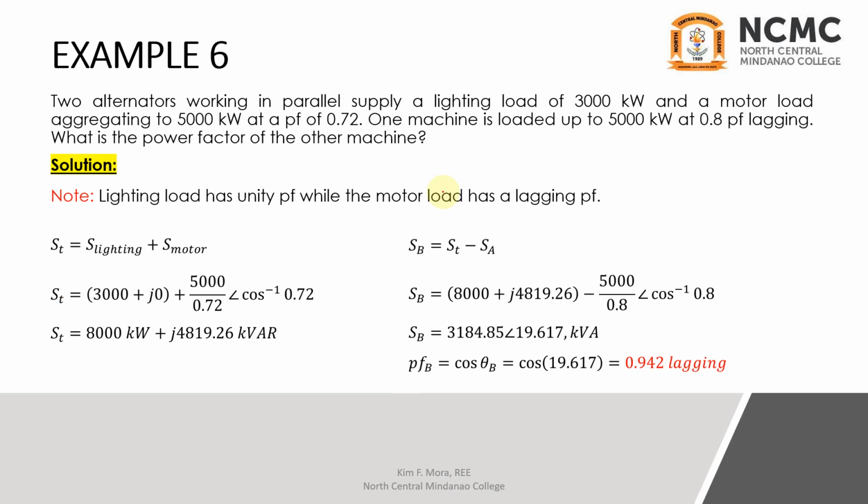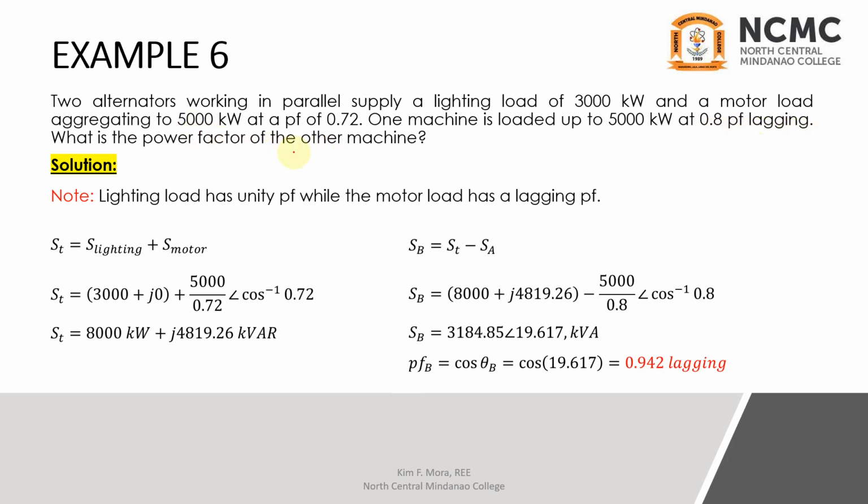For example, there are two alternators working in parallel. In parallel, they supply a lighting load of 3,000 kilowatts and a motor load aggregating to 5,000 kilowatts at a power factor of 0.72. One machine is loaded up to 5,000 kilowatts at 0.8 power factor lagging.